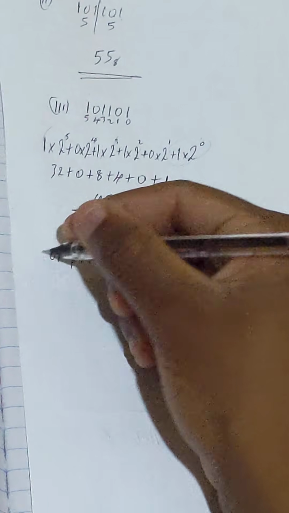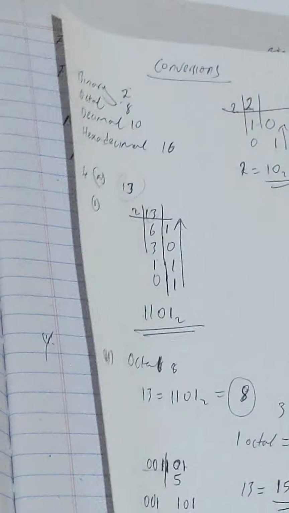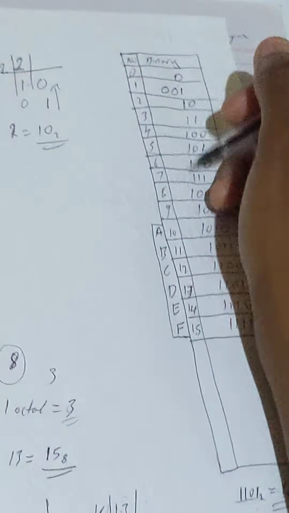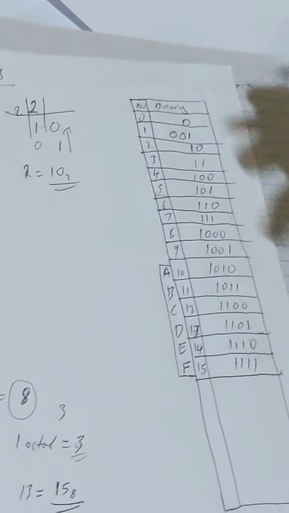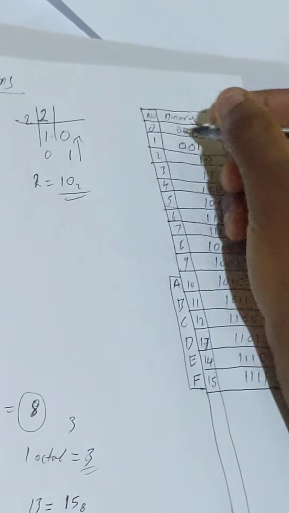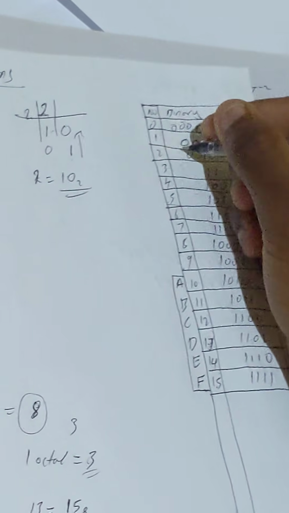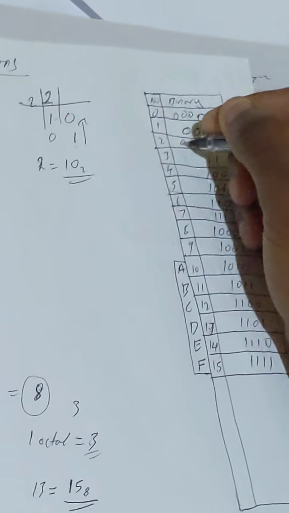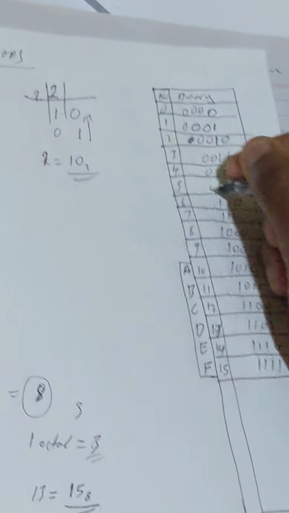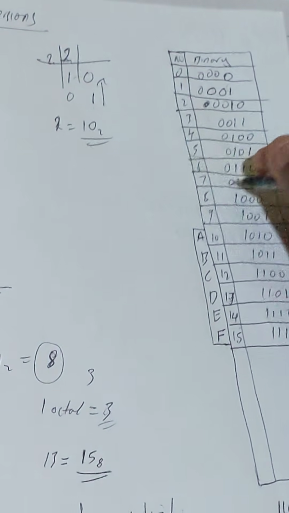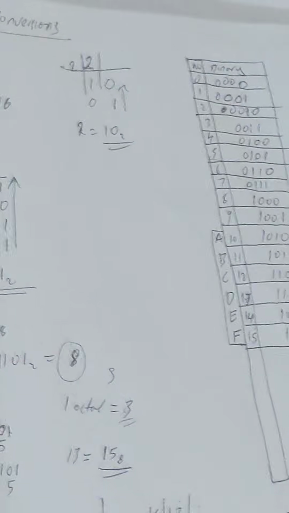So you're just going to add 2 more zeros. You find that there are numbers that have only 2 binary digits, so you're just going to add more zeros to make them 4. Just add some zeros in front, it changes nothing. Just put those zeros there and you're done.